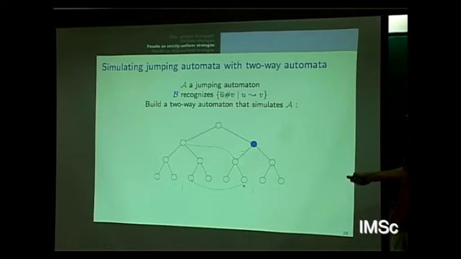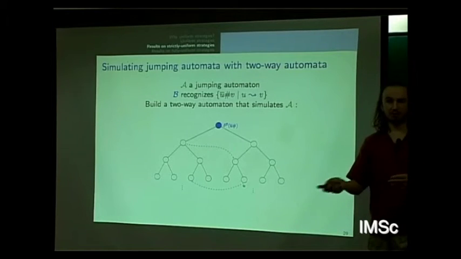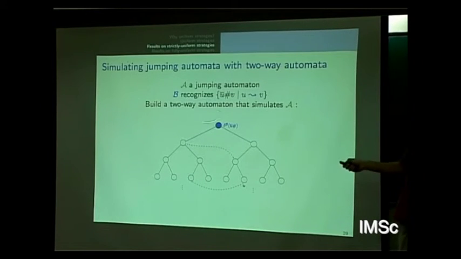At the same time, B reads the labels of the nodes here. When it reaches the root, it has read the mirror of the node here, right? And then you feed it the special symbol, dash, and then, it depends on whether the jump quantifies over all related nodes or over some related node. Depending on the case, you will start sending copies in all children or in some children non-deterministically.